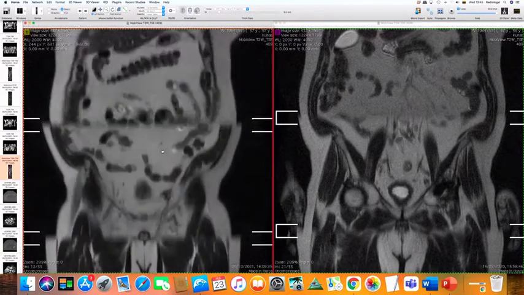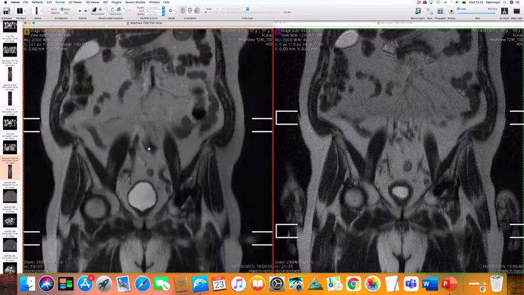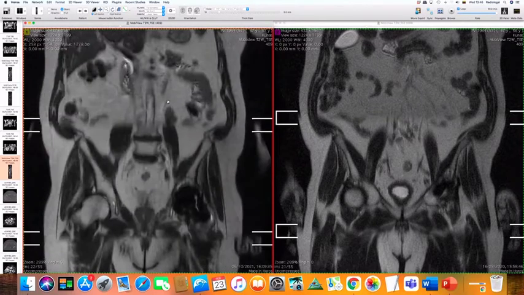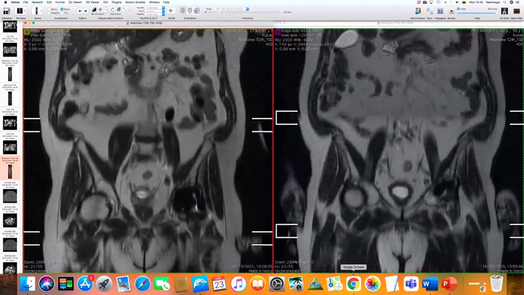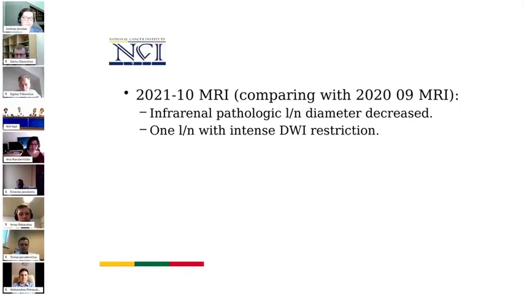So in the new follow-up images, we don't see these lymph nodes. So, thank you. And currently, the patient is under hormone treatment and under further surveillance. So that's it with this case.